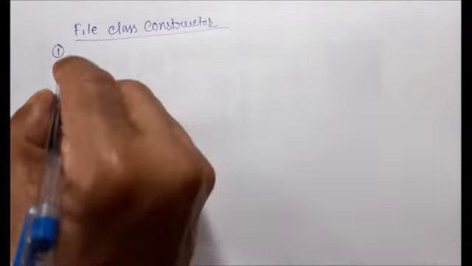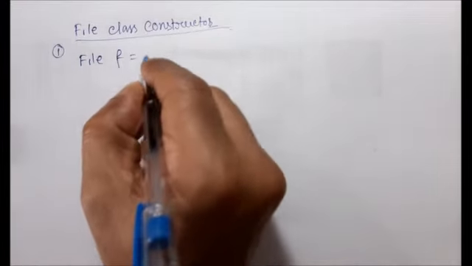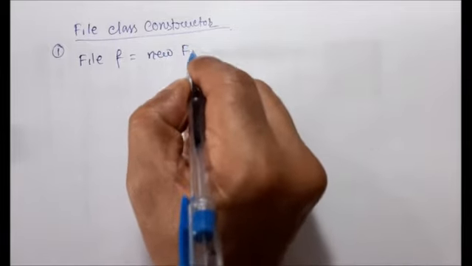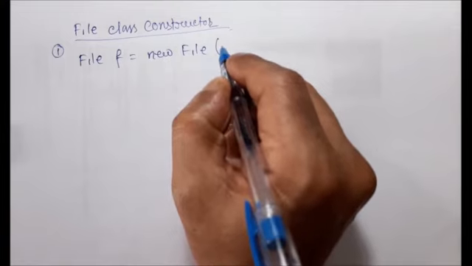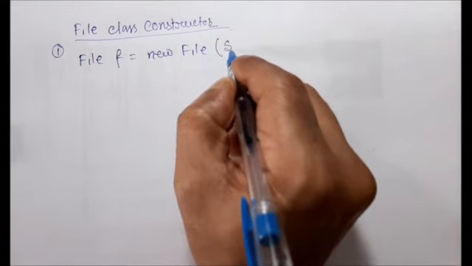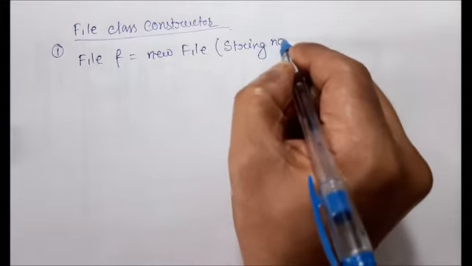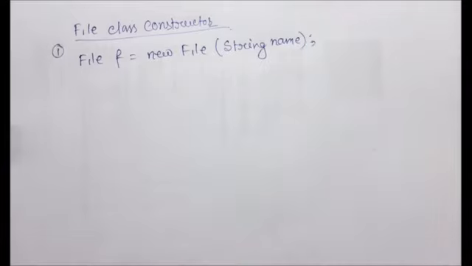So, we have already used this one, File f = new File, then we just passed a string name, but here, based on the string, we can understand whether it is a file or a directory, right.